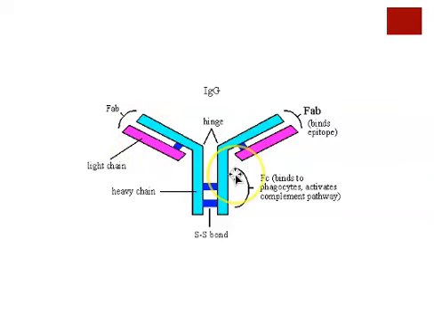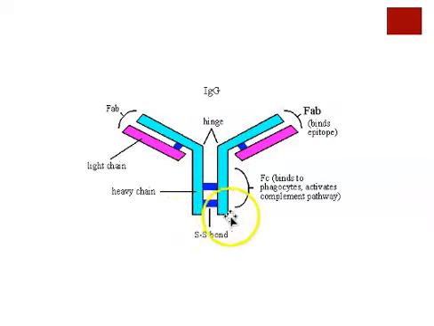What is important is that you understand that the FAB is located here and also here on the arms. And the FAB is that place where the antigen is going to bind to this antibody. The FAB is specific for one particular epitope of one particular antigen. The FC is different.